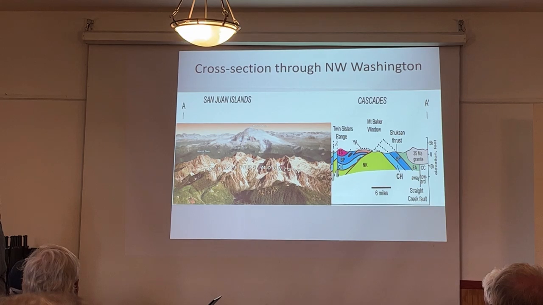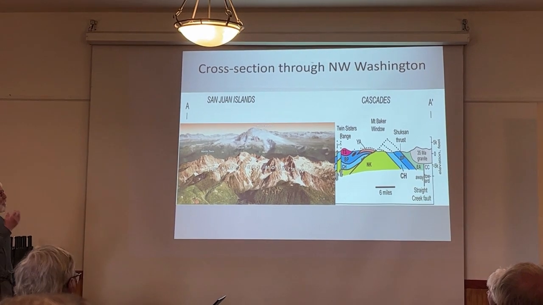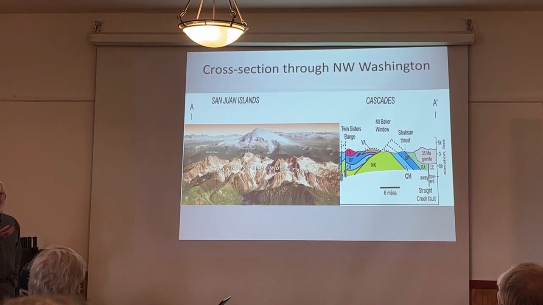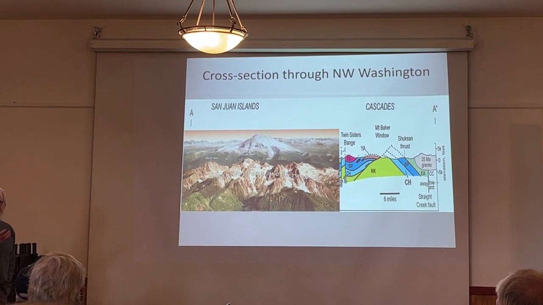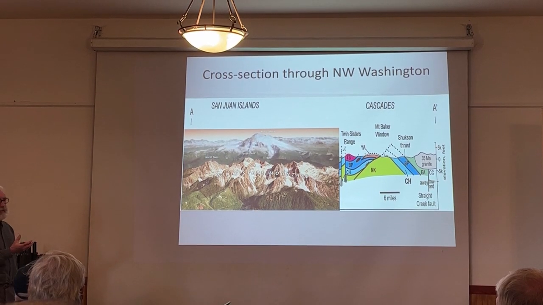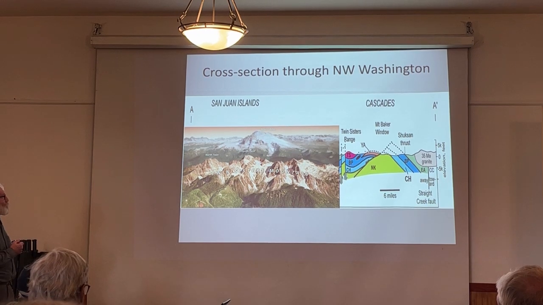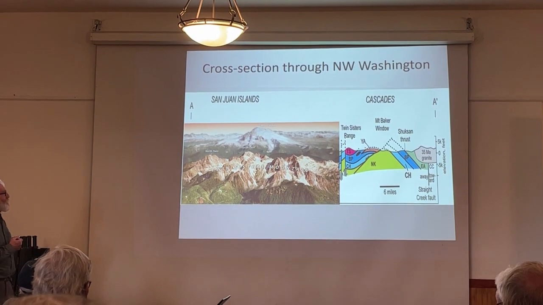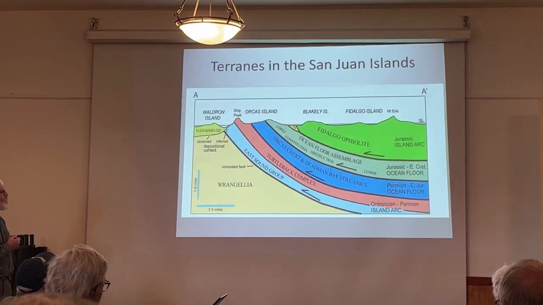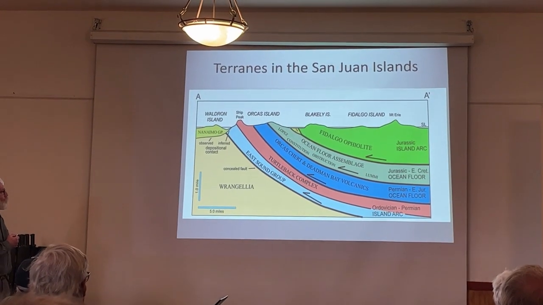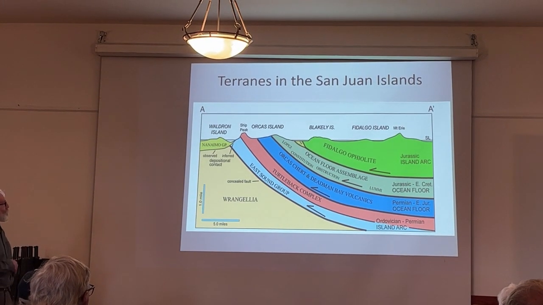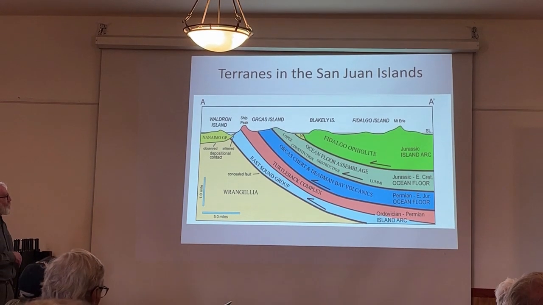But it's also the largest single mass of mantle rock on the face of the earth. So that's pretty good. Next one, please. That just kind of shows another cross section. Next one.